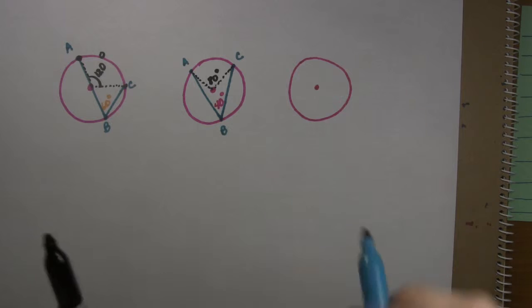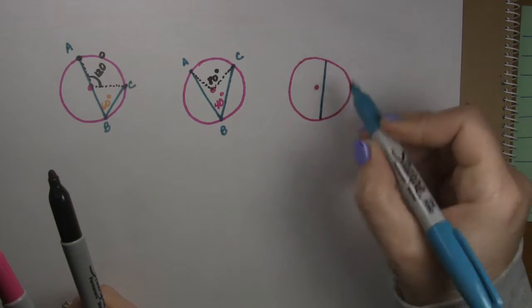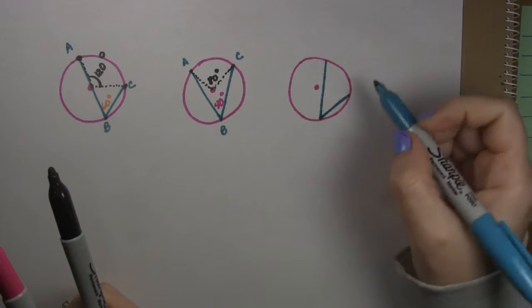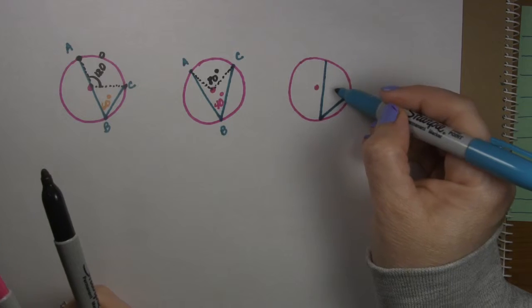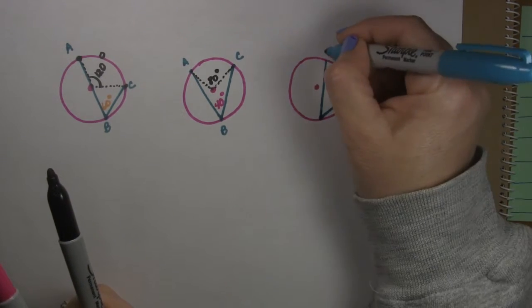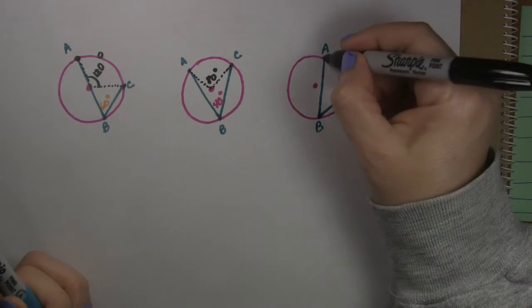And that is, you have an angle that does not go through the center, and the center point is not in kind of the inside, if you will, of that angle. You still do the same thing.